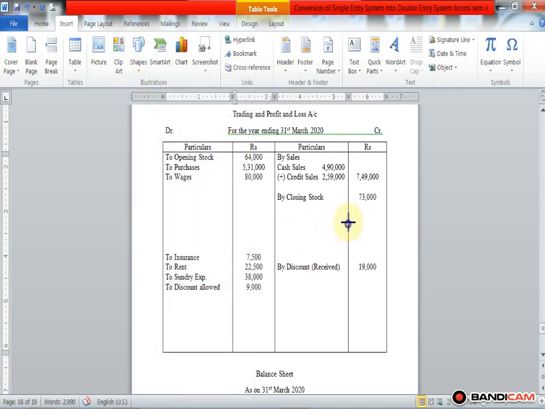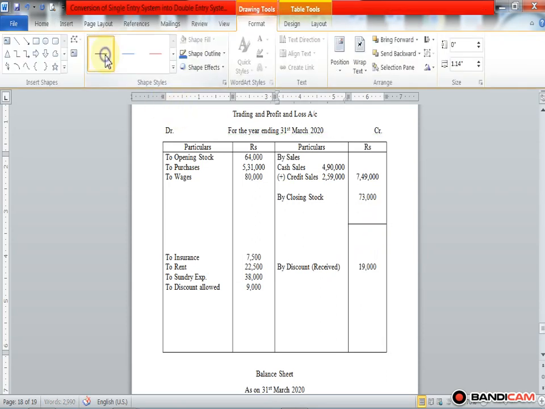So here the total of the credit side is more than the debit side, and the amount is 8,22,000.